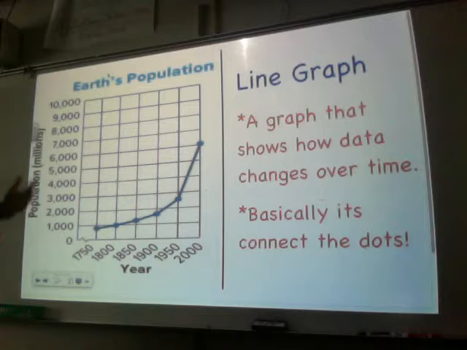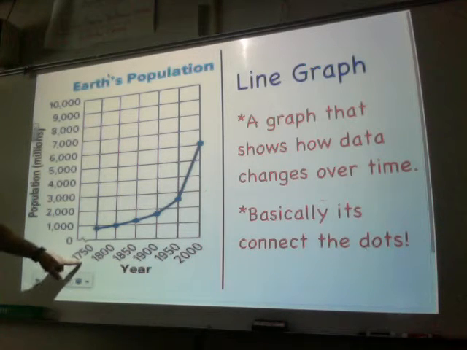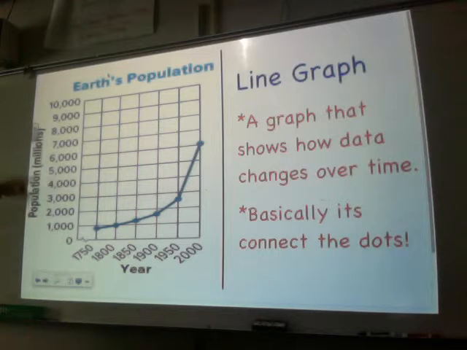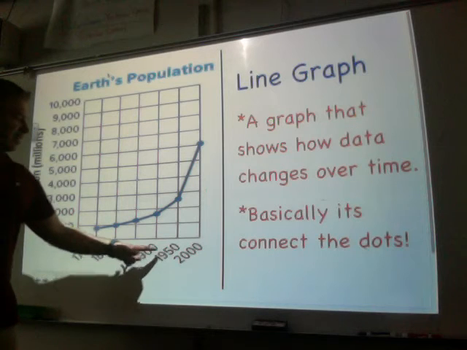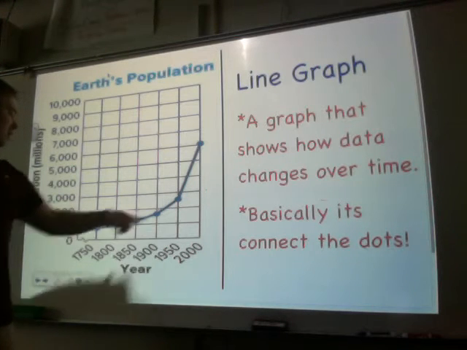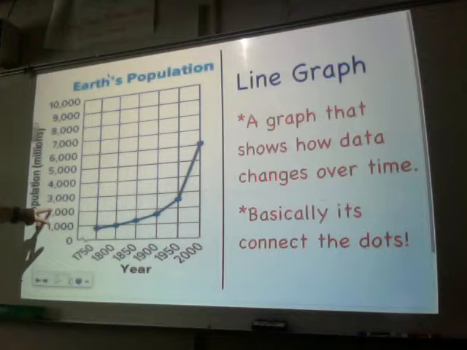Looking at this line graph, in the year 1750, there was about, now this is population in millions, so it would be 1,000 times a million. And in the year, let's say 1950, it would be about 2,500 times 1 million.